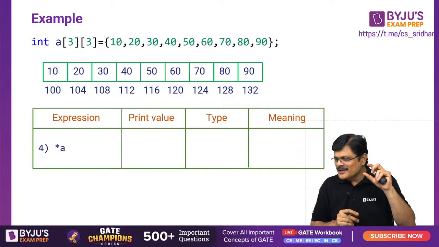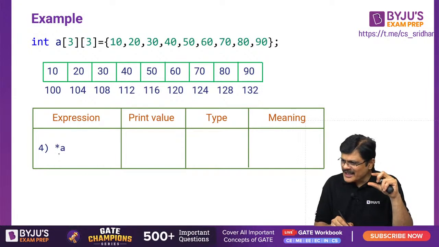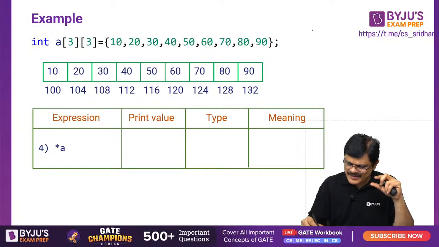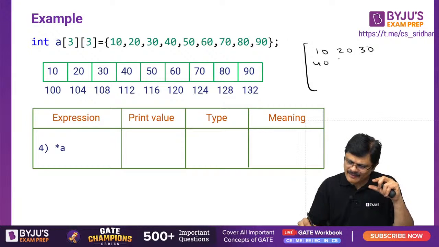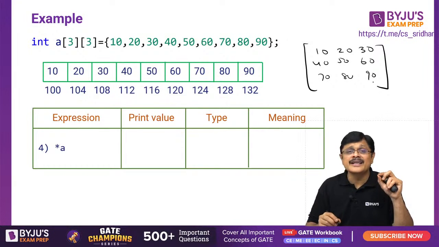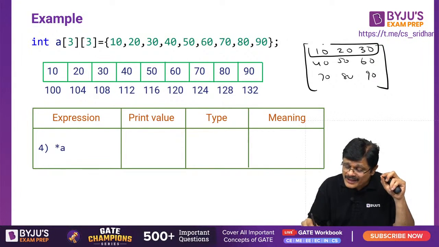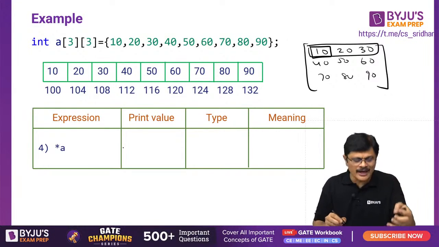Star A is, just write down this matrix, you will understand. This is 10, 20, 30, 40, 50, 60, 70, 80, 90. It is in the 0th array, 0th element. The address of this 0th element is also 100 only.